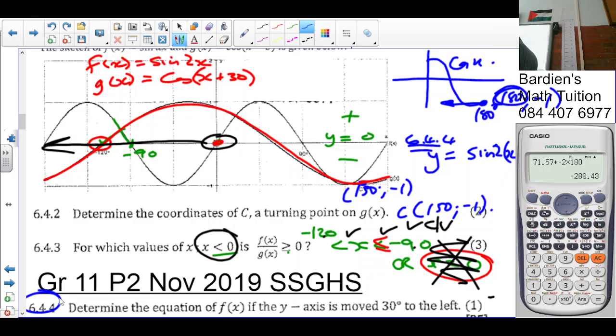The graph is moving 30 degrees to the right. It's minus 30. What's wrong? No, yours is right. What's the answer in the book? It's negative 30. Is it right?